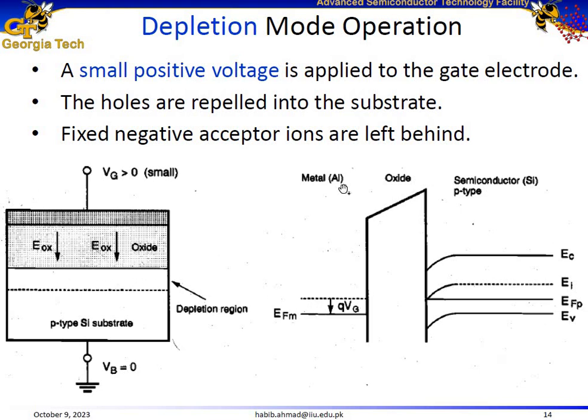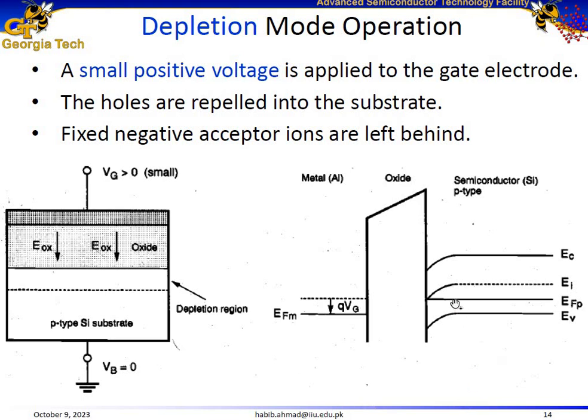We can also see that effect in the energy band diagram. We are applying a positive potential to the metal side, which means that the Fermi energy level on the metal side would now be dragged down as compared to the Fermi energy level on the semiconductor side. So now this Fermi energy level on the metal side is lower as compared to the Fermi energy level on the semiconductor side, because we are applying positive potential to the metal.